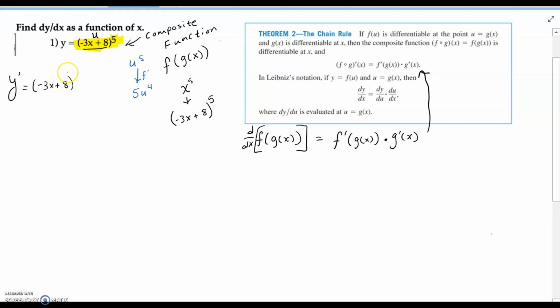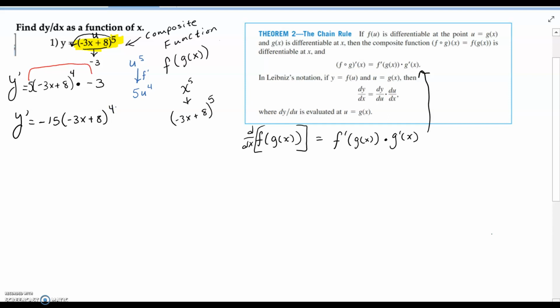But then you have the 5 that you bring down, so it's a 5 right in front, and then this to the fourth power. Now I'm going to multiply it by the derivative of the inside. The derivative of the inside is just linear, so it's just negative 3. So times negative 3. Then I have my y prime, and I notice that I can multiply the 5 and the negative 3 and get negative 15, and then multiply by negative 3x plus 8 all to the fourth power, and it's as simple as that.